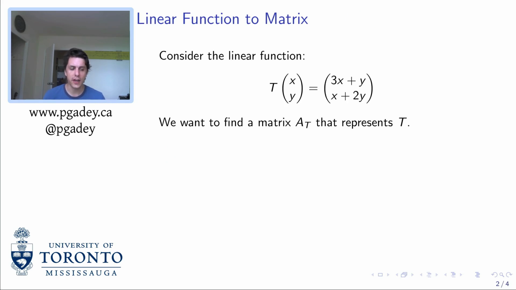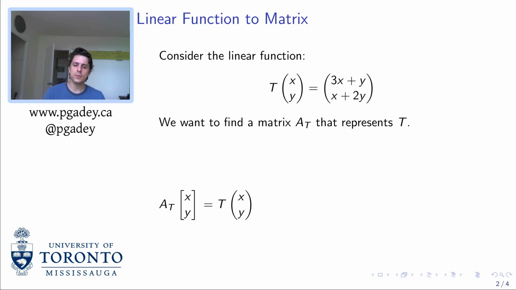So consider this guy. For any x and y that we plug in, we're going to get 3x plus y, x plus 2y. And we want to find a matrix that represents this linear function. So what do we need? We need that this matrix, when you multiply it by the vector xy, has the same output as the transformation when you input the vector xy.